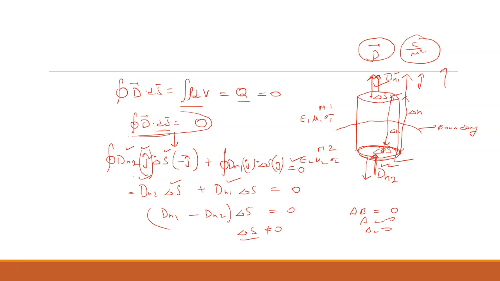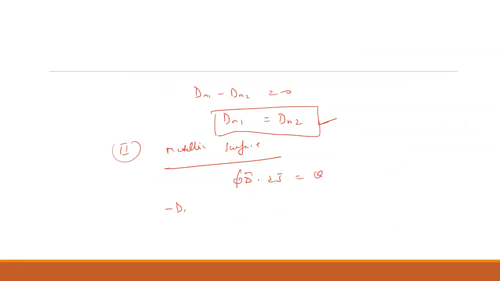So we will get minus Dn2 delta s plus Dn1 delta s equals to Q, or Dn1 minus Dn2 delta s equals to Q, or Dn1 minus Dn2 equals to Q divided by delta s.